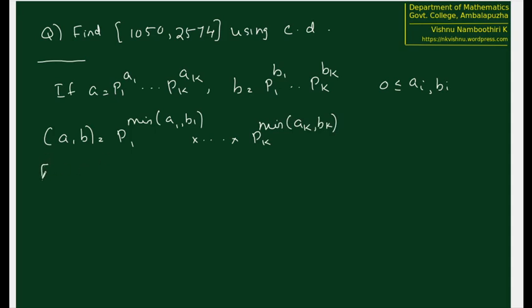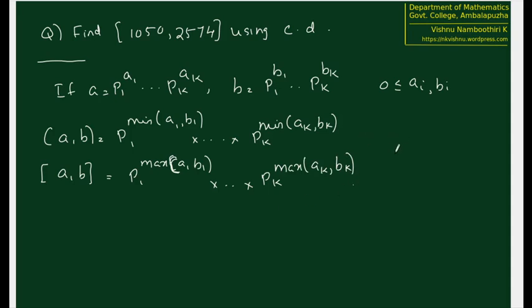Now the LCM we have just now observed is equal to p1 to the power maximum of a1, b1, into etc., into pk to the power maximum of ak, bk.